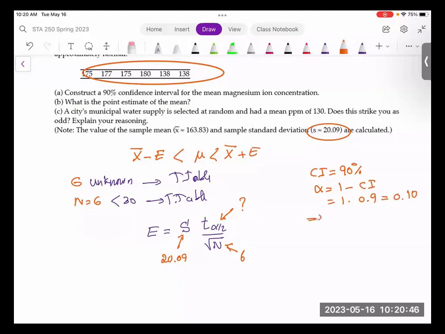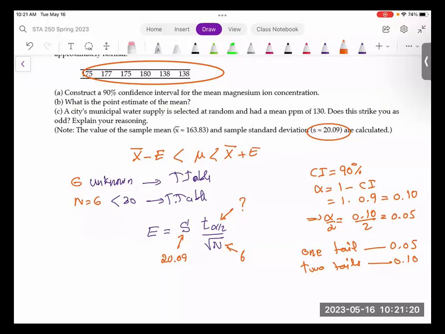So this is going to imply that alpha divided by 2, the half error, is going to be 0.1 divided by 2, which is 0.05. So if you are on the T table, one tail, it corresponds to 0.05. That's only one tail. If you say two tails, that's going to be 0.10. Are we okay? This is how you read it on the T table.